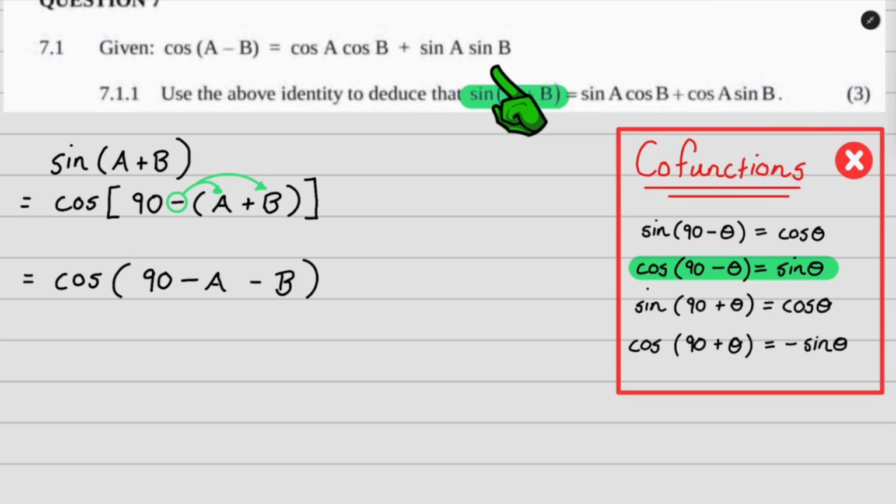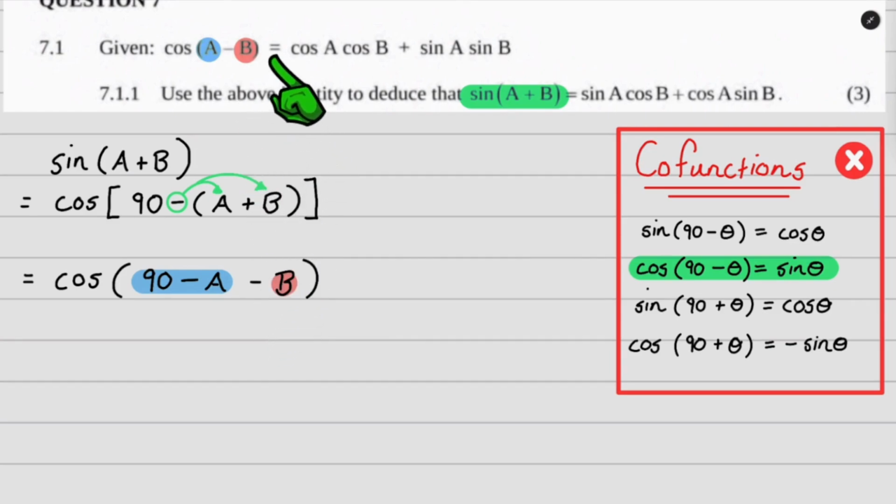So to wrap your head around how to use it, let me show you quickly. This 90 minus A is this angle over here. And then this B is that angle over there. And we can see they have a minus in between them. That's been compensated for.